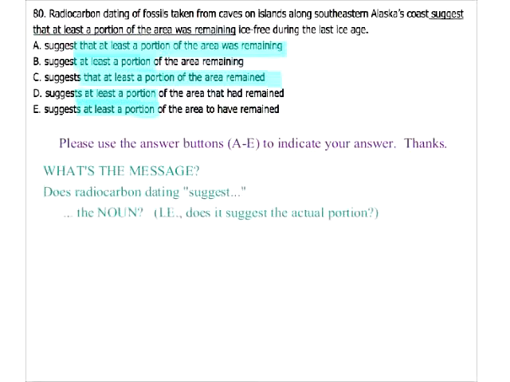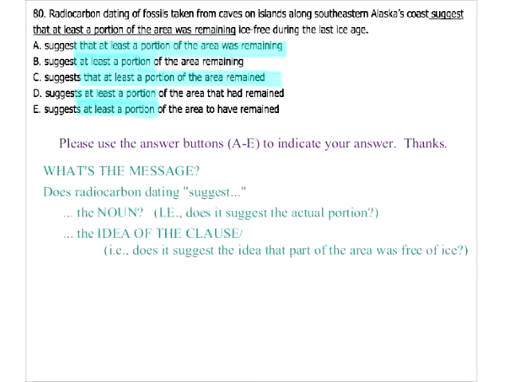Or does it suggest the idea of the clause, which would be, does it suggest the idea that part of the area was ice-free? Well, you have to understand the message of the sentence.